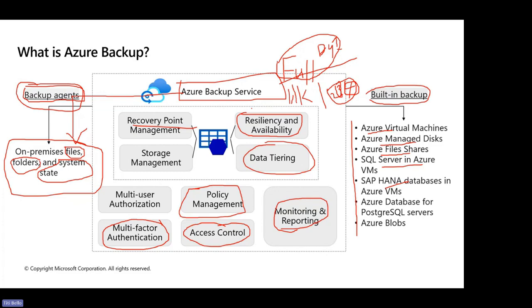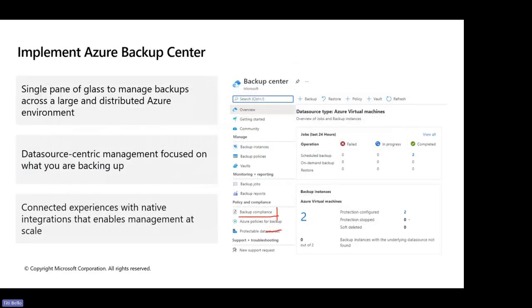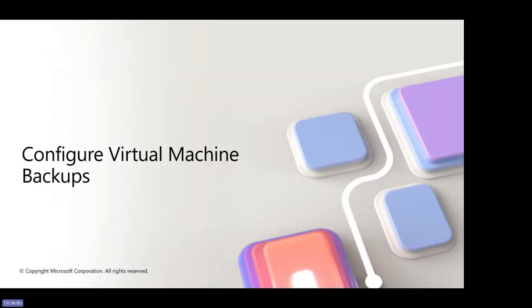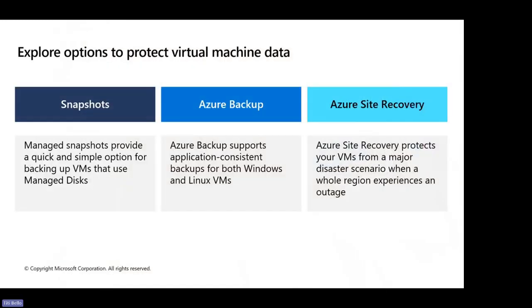Now, to quickly talk about one we will try to demonstrate apart from storage, virtual machine backup. To back up a virtual machine, there are different ways by which backup can be taken in Azure.